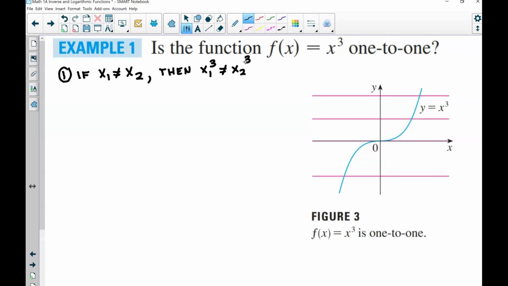So by definition, we could say that the function f of x, which is equal to x cubed, is one-to-one.